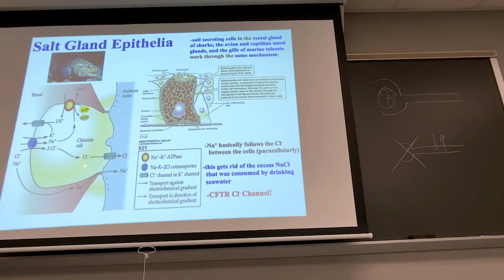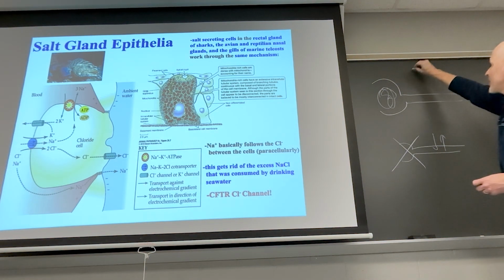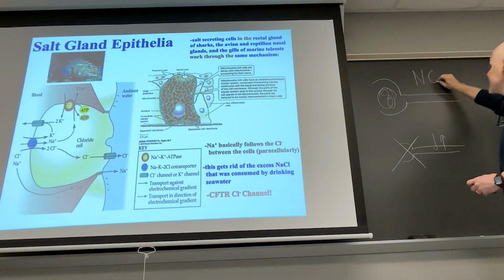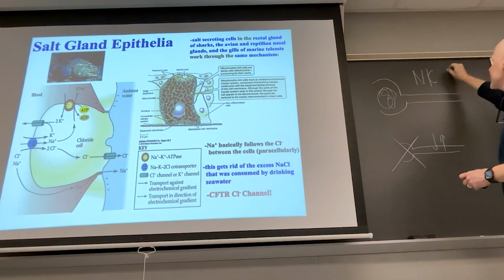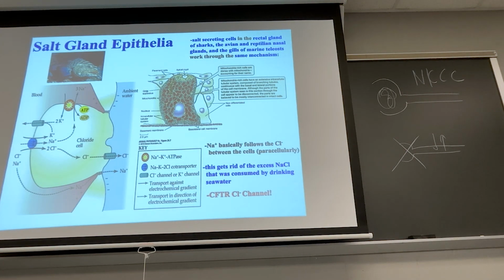And so what we're trying to do is keep this little cavity, the cytoplasm of the mitochondria-rich cell, low in sodium, so that we can drive this symporter right here. This symporter is the sodium-potassium-chloride symporter, and this protein has a name. It's called an NKCC protein.